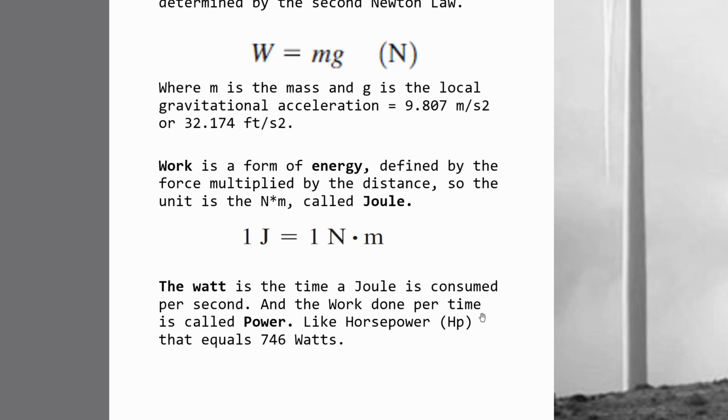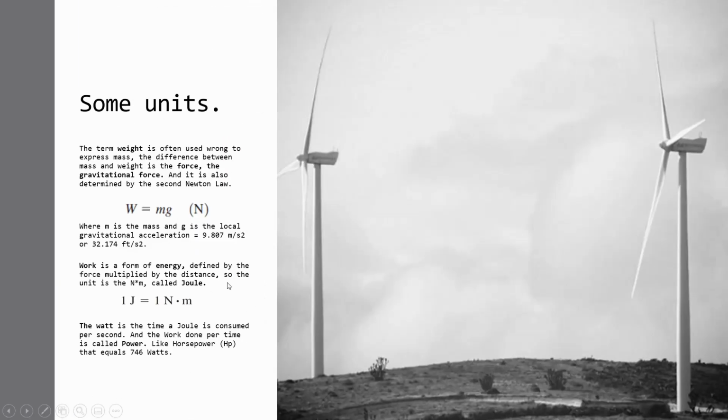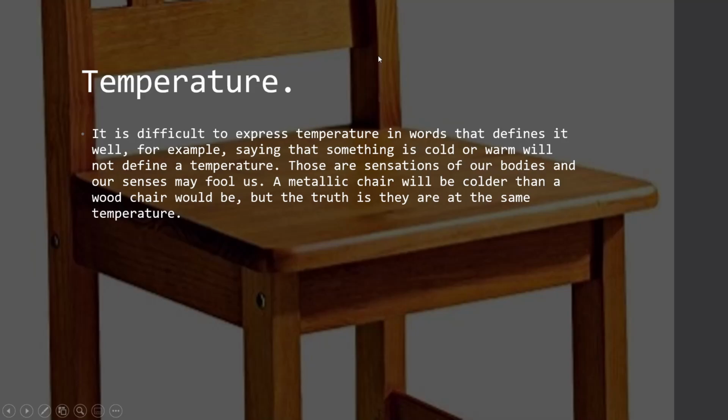One of the units for power is horsepower, and it equals 746 watts. Just a little bit of knowledge that you should know, and see that everything is getting related to the topic.